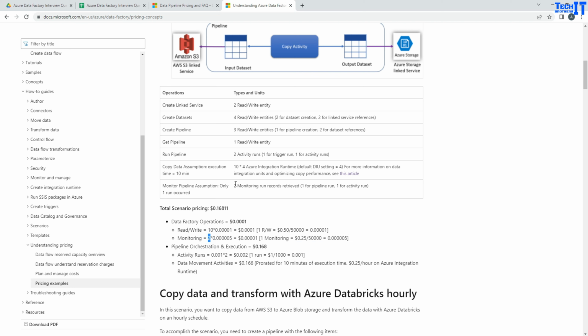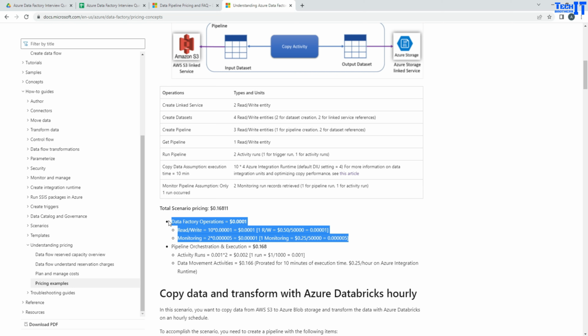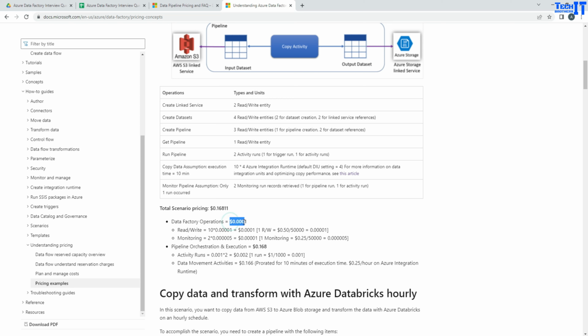So there are 2 units involved here, and then you will multiply with that. So this is going to give you the data factory operation cost. If you notice, this amount is very small, so not a big deal, but if you have a lot of activities, a lot of datasets, this will contribute to some extent. So this is nothing too much to worry about, but it does add up.